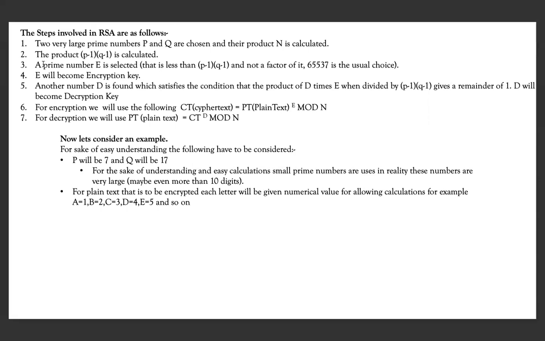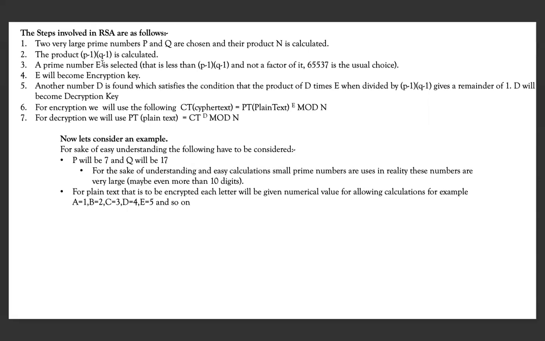Third step, we need another prime number, which is E. We have to select E in such a way that it is less than the product of P minus 1 and Q minus 1. Secondly, it should not be a factor of this product as well. Once I go through the example, it's going to be a lot clearer.